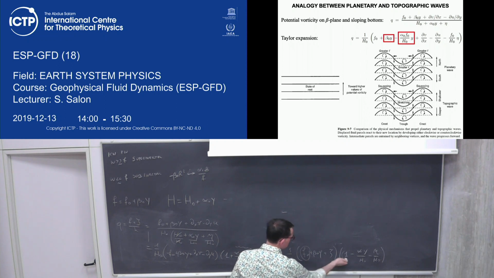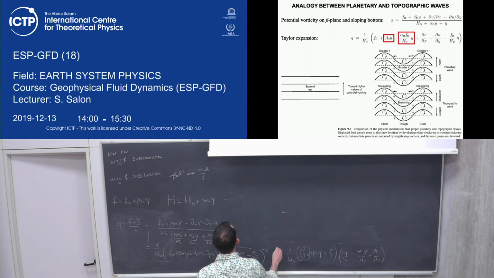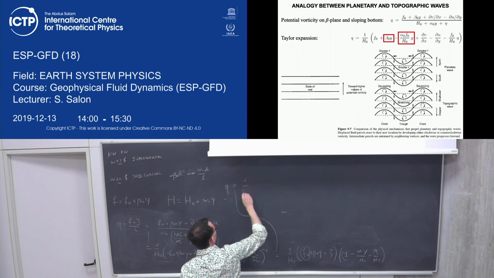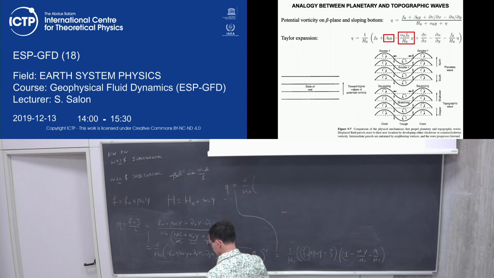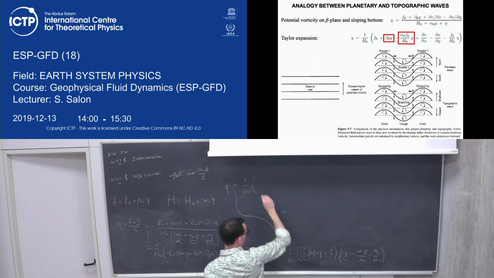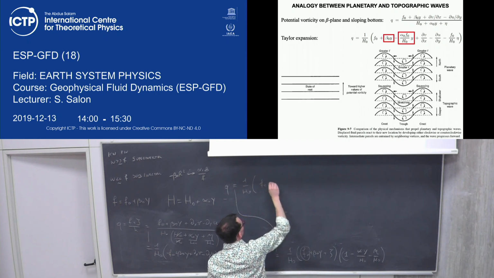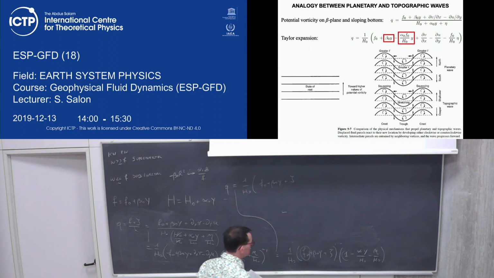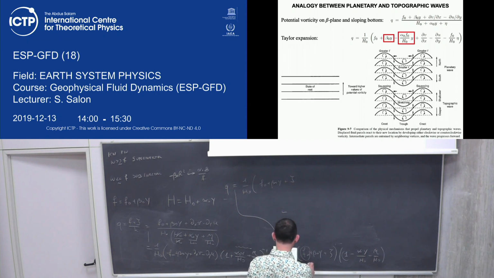So if I compute this, I can multiply, just to have one single expression. So all of this by 1, so I can have 1 over H0, F0 plus beta 0 y plus zeta. And then I can start to multiply this by this. Zeta, zeta.